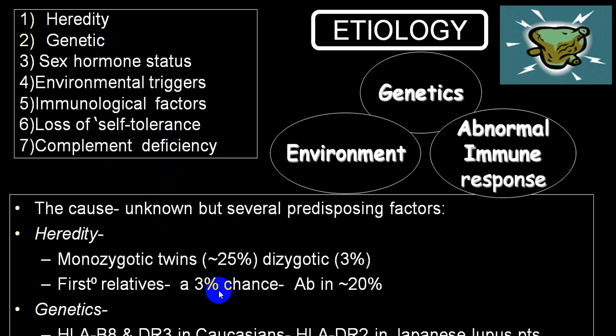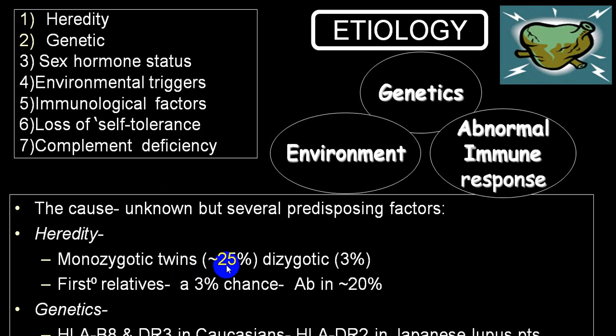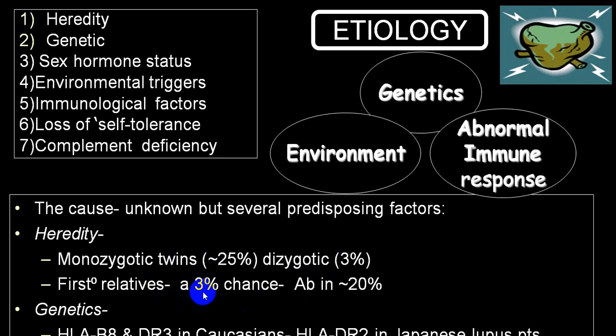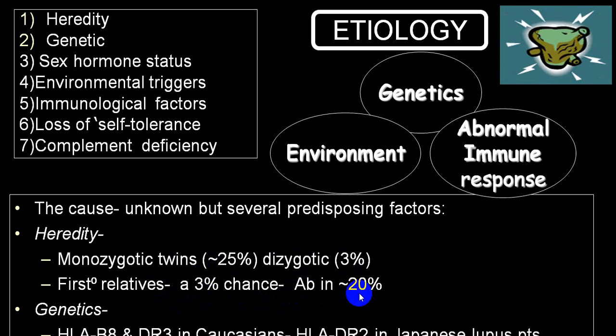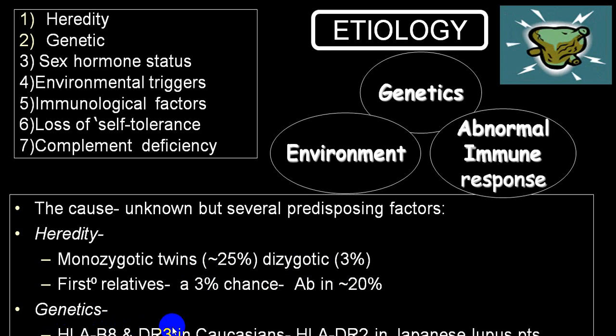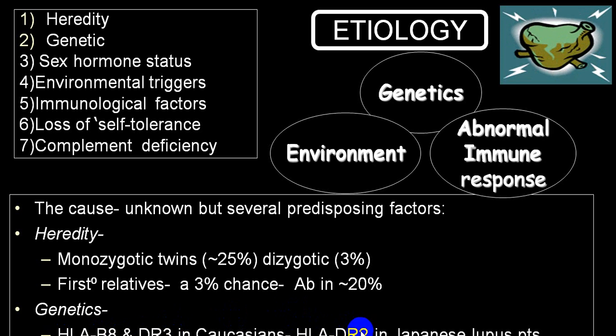In a monozygotic twin it is almost 25% incidence, while in dizygotic it is only 3%, and in first relatives it is 3%, and antibody is seen in 20%. There are certain genetic characteristics, that is HLA-B8, DR3 in Caucasians, and in Japanese HLA-DR2.